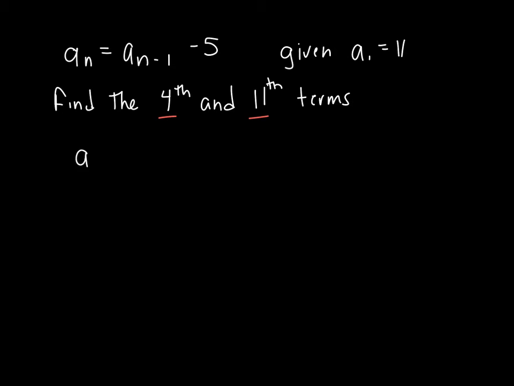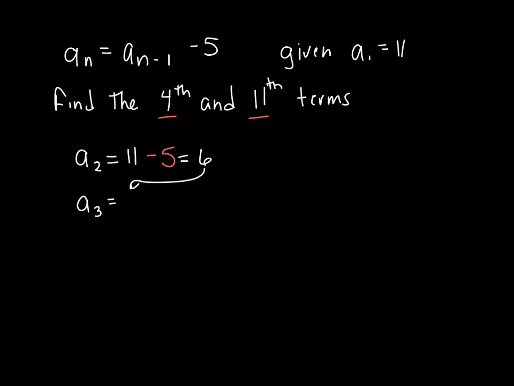So how do I find A2? A2 is just 11 minus 5. So that gives me 6. Now to find A3, again, I need that previous term.